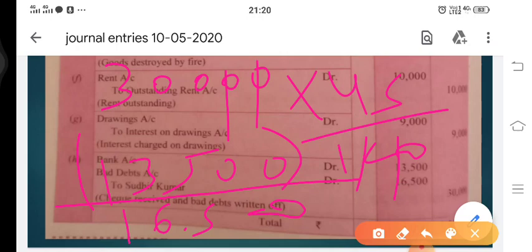So technically, in place of 30,000, we are going to receive 13,500, and 16,500 is a loss.